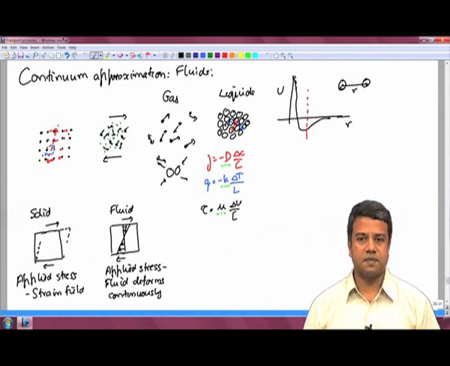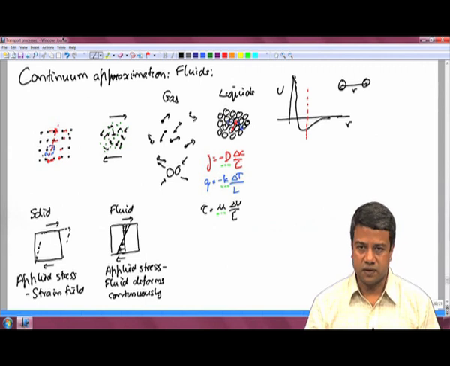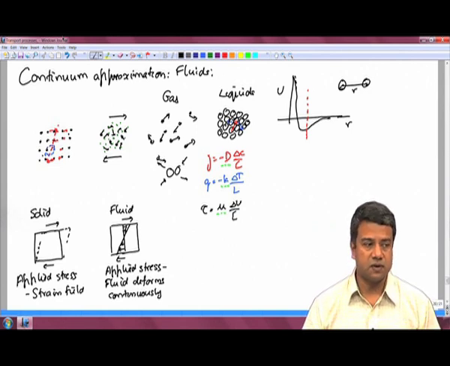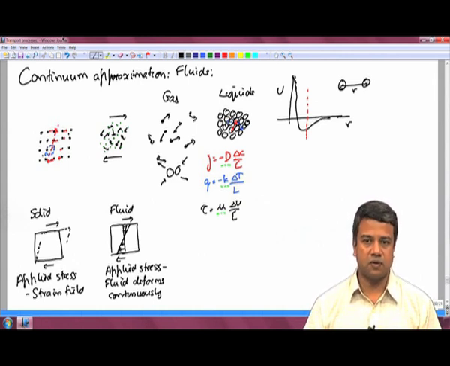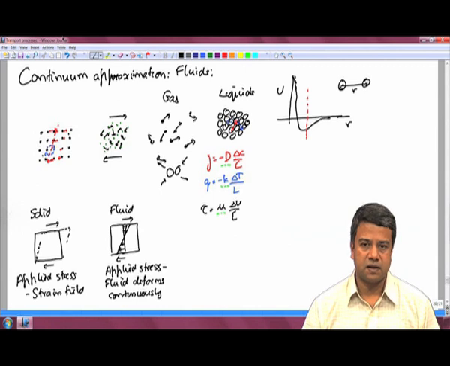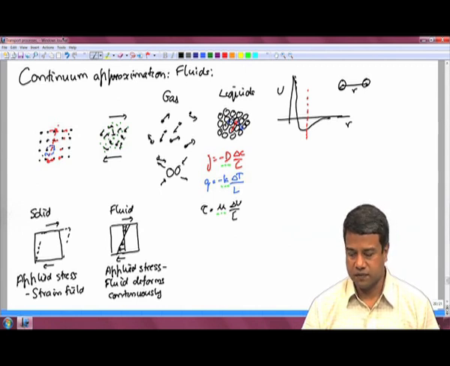And of course, if they are displaced from equilibrium, there is going to be a restoring force, and when that restoring force is equal to the applied force, the solid will stop moving. Whereas in fluids, the molecules do not have any equilibrium positions. They are randomly fluctuating throughout the fluid. Each molecule can sample the entire fluid volume, and because of that there is no restoring force, and therefore the fluid is going to deform continuously.